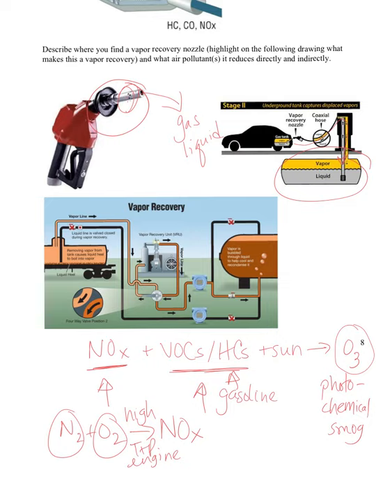Then when the truck comes, and this is showing a train car, otherwise it could be like around the Chicago area, there are going to be a lot of trucks coming to deliver the gasoline to the station. What happens then is when they're getting their fuel intake, when the fuel is flowing in, they are going to be pushing their vapors into the vapor recovery system at the petroleum terminal.